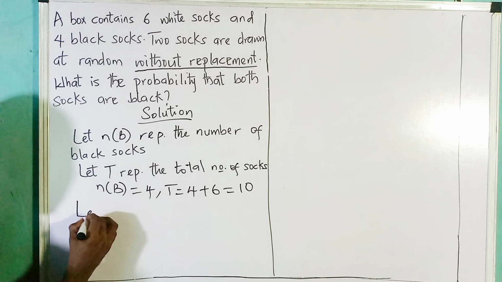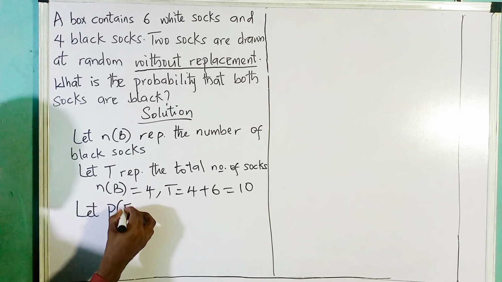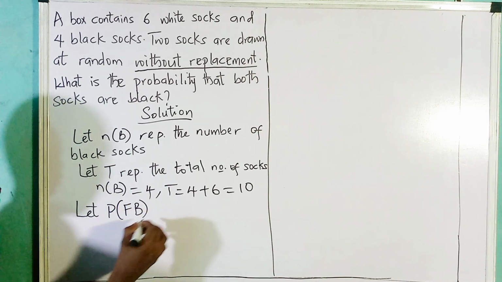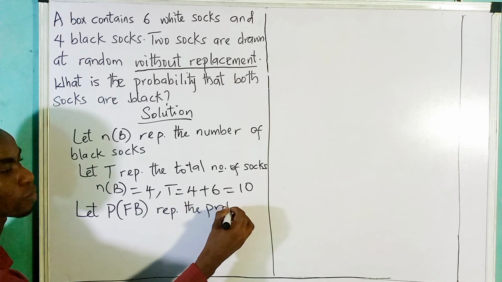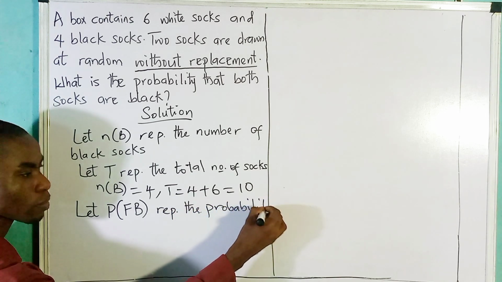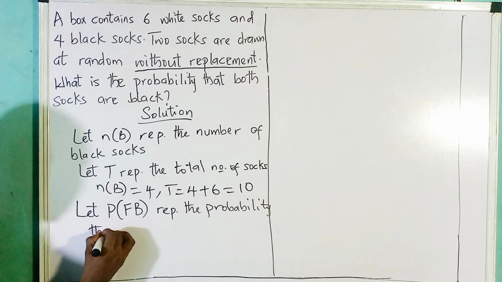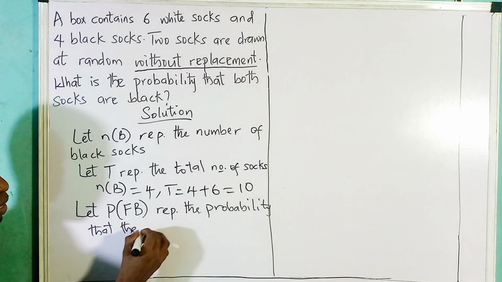So I'm still going to be defining variables. Let PFB, probability first black, represent the probability that the first one you picked is black.